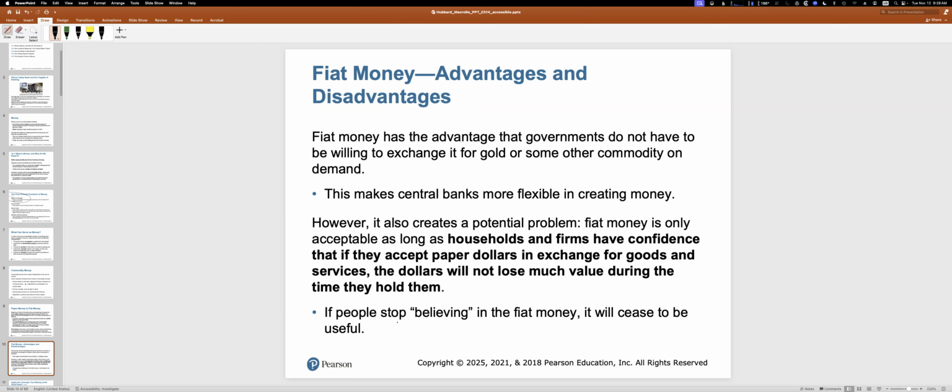Central banks need that flexibility. And they wouldn't have that flexibility if we had a gold standard, because then you can only have as much cash as you have gold.